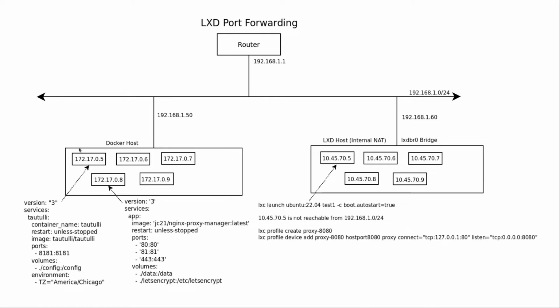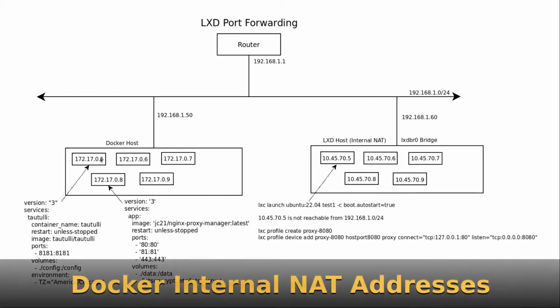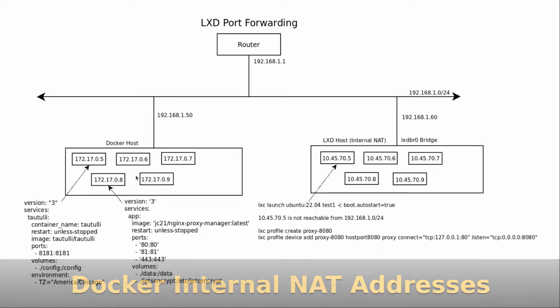First of all, the Docker host looks a little bit different. These addresses that you're seeing are addresses that Docker would assign, as an example, on its internal Docker address range, which would be a network address translation network.